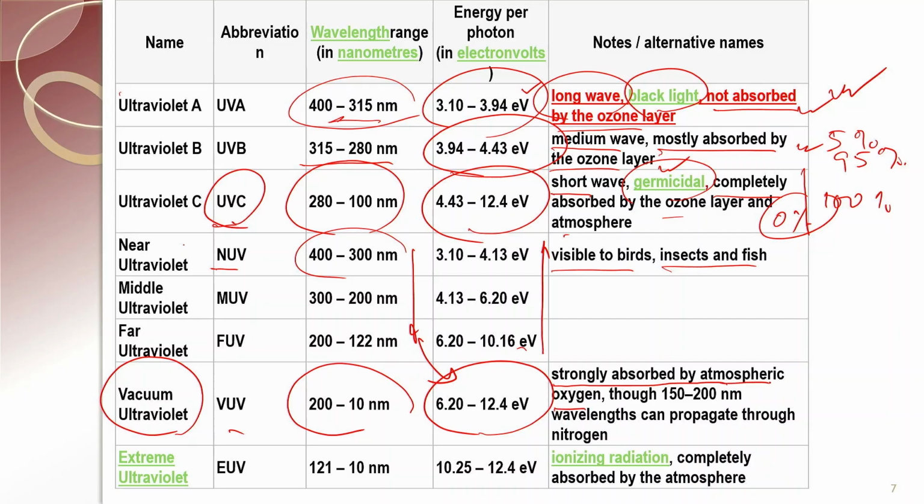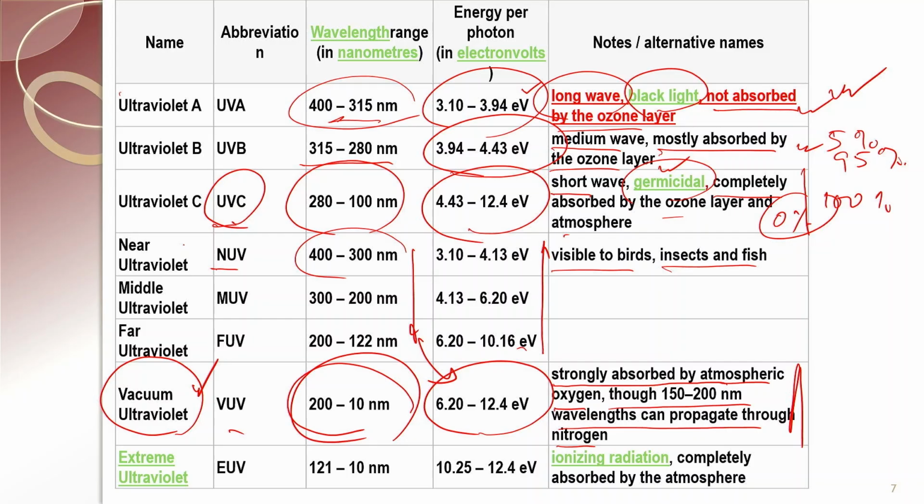So, as it is a lower wavelength, it is absorbed by the atmospheric oxygen. Though 150 to 200 nanometer wavelength can propagate through nitrogen. So, atmospheric oxygen absorbs all this low wavelength. So, it has got higher energy, but it is absorbed.